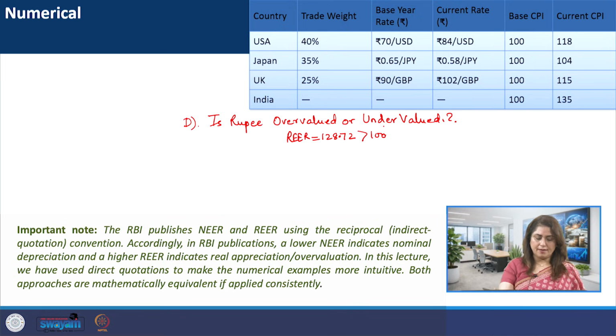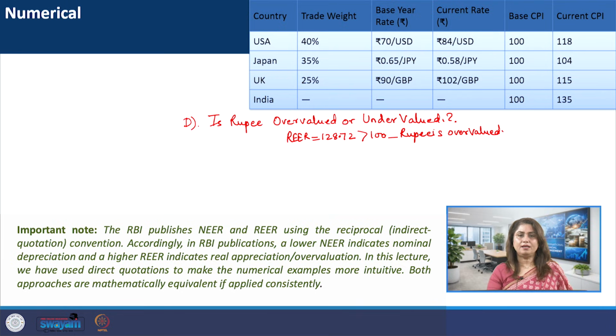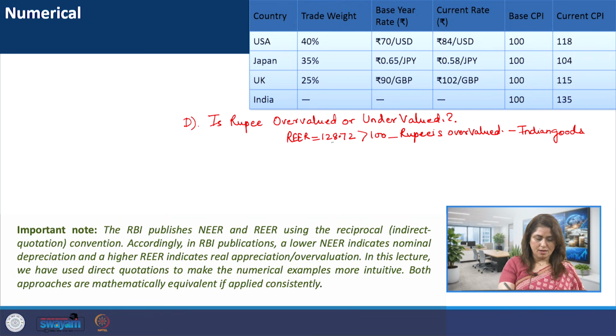So we can say that the rupee is overvalued. Fine. And Indian goods are more expensive. So we can say Indian goods are expensive.